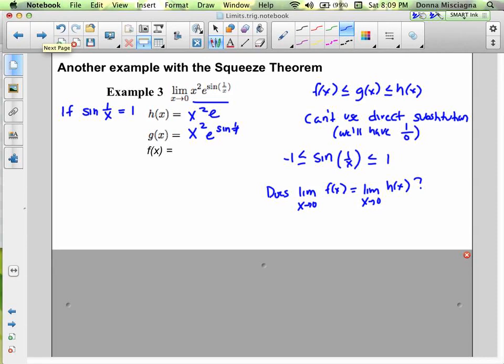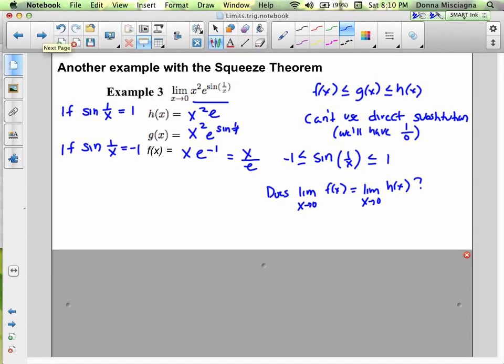What's the least that sine could ever be? What if sine 1 over x is equal to -1? Now it's the least it could ever be. So now, what are we raising e to? That would be x squared times e to the -1, which is x squared times 1 over e, or put e in the denominator.